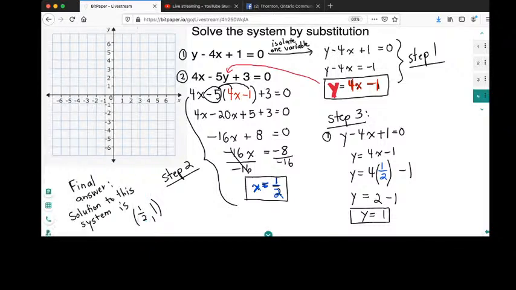So if I know that negative 1 is my y-intercept, and that I'm moving up by 4 and over by 1, let me just show you guys. We'll put some dots down. So I know that this is my y-intercept. Rise over run. So 1, 2, 3, 4, 1 over.